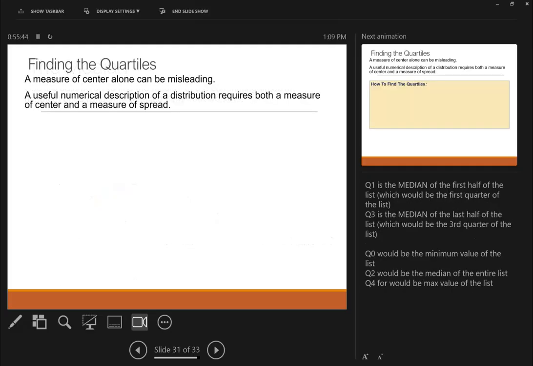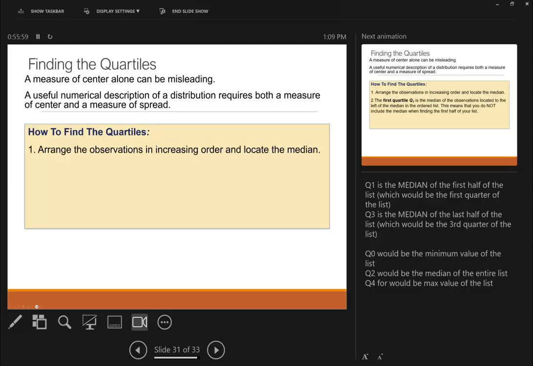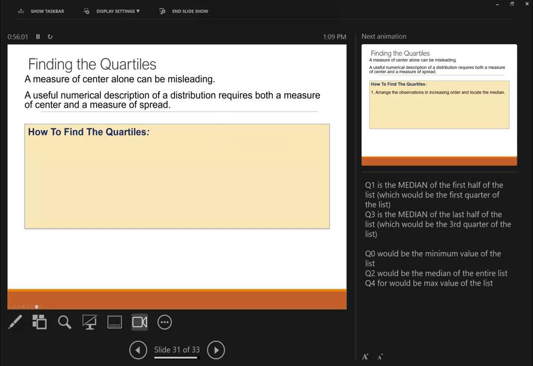All right, next thing we're going to talk about are quartiles. How many quartiles do you think there are? That's a trick question. There's 5. I know. There's Q0, Q1, Q2, Q3, and Q4. Q0 is the minimum value in your data set. Q4 is the maximum value.